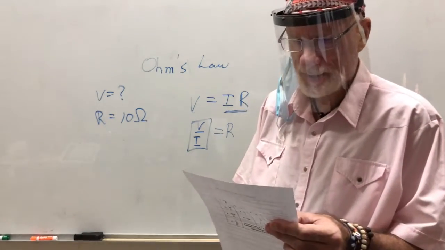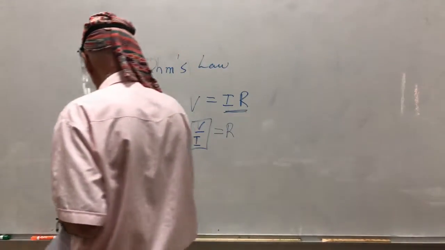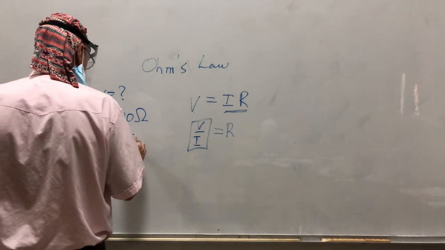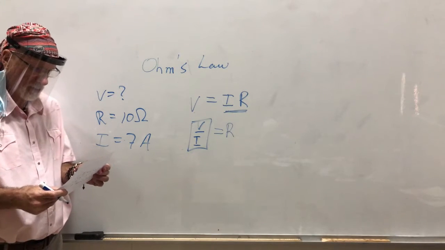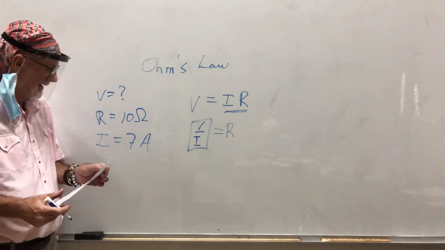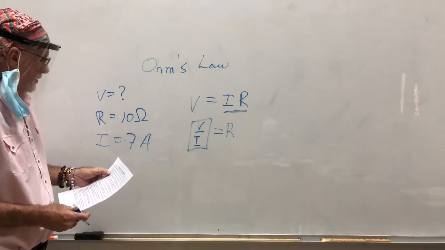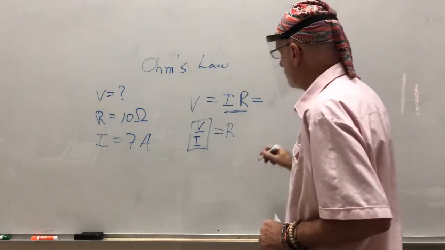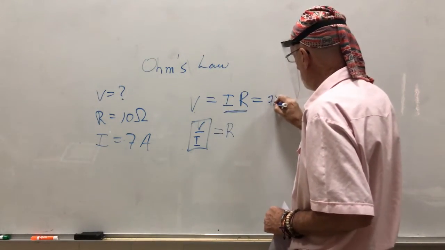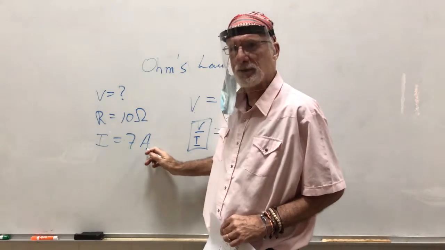It opens the sinuses. And the current is 7.0 amps. You can put in, if you like, two significant figures. So V equals IR. So it's going to be 7. Amps is SI.